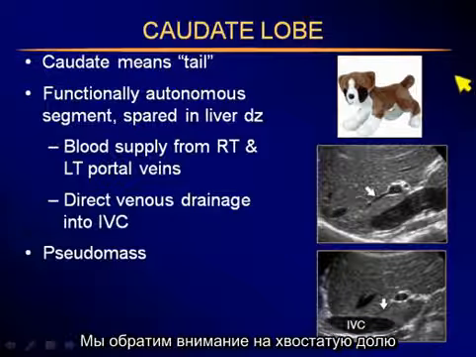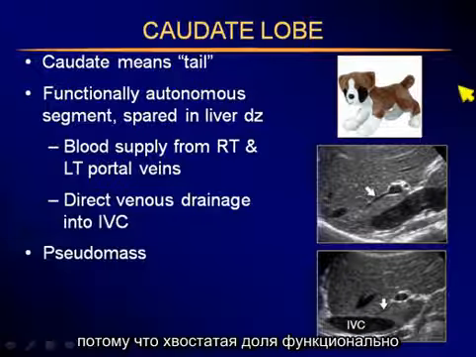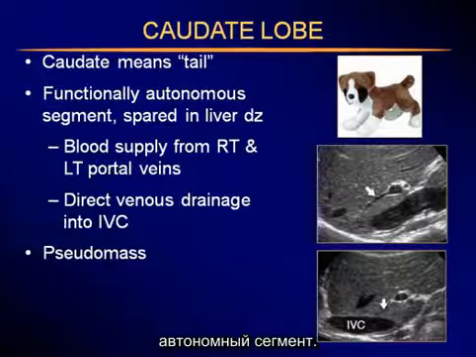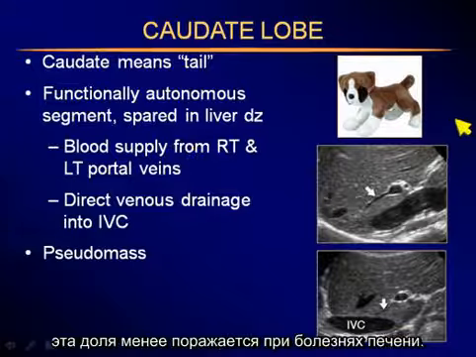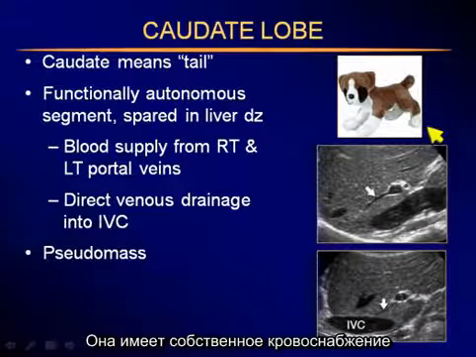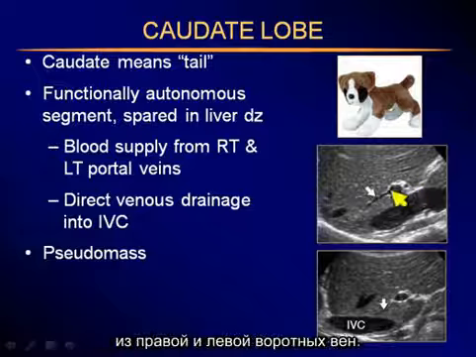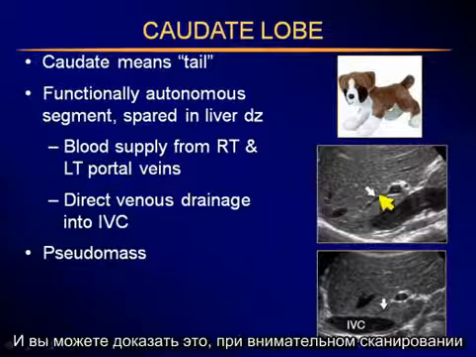Now, we pay attention to the caudate lobe because it is functionally an autonomous segment. And it has often been said that it is spared in liver disease. It has its own blood supply. It takes blood supply from the right and the left portal veins. You can prove this to yourself if you carefully scan.